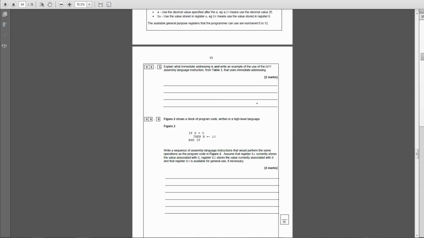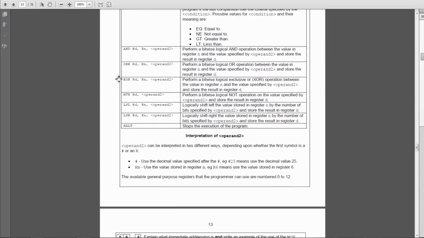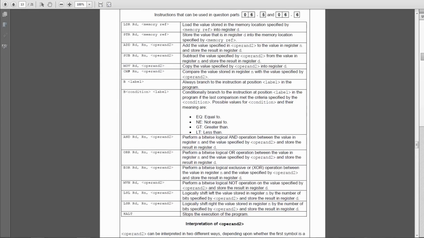First question: explain what immediate addressing is and write an example for use of the MOV assembly language instruction from table 3 that uses immediate addressing. So the MOV is going to be move, presumably. It's immediate addressing because you're going to copy an actual value. Okay, what else does it say?